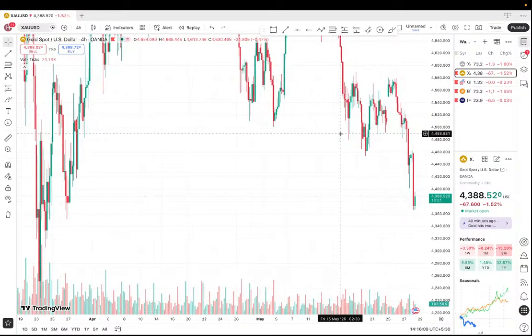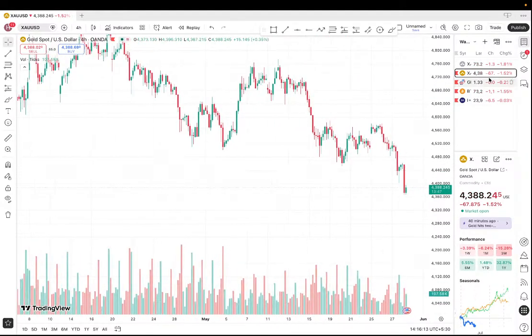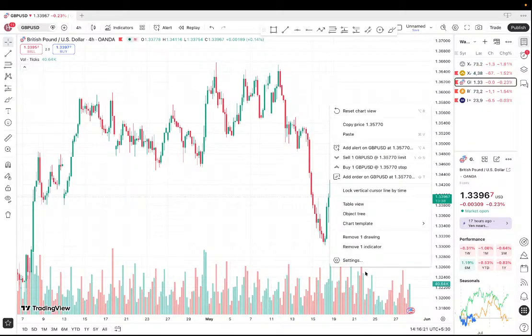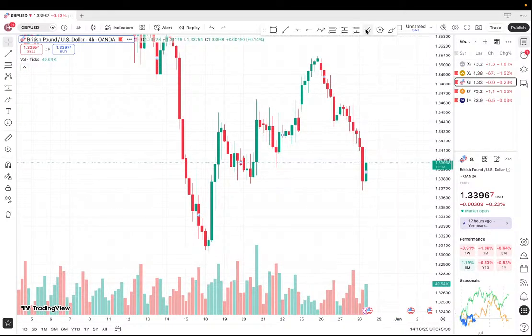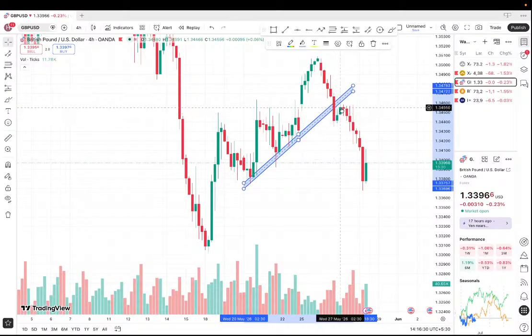So price is bearish as of now, so we'll try to look for sell entries. Here we can see on 4 hour time frame it gave a clean break of this trend line, retested here and then a strong selling.